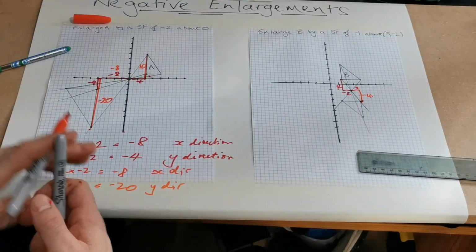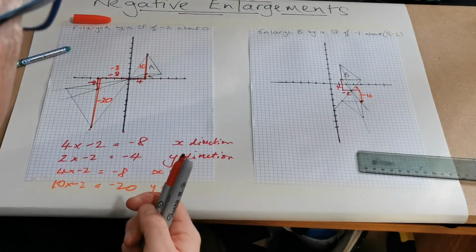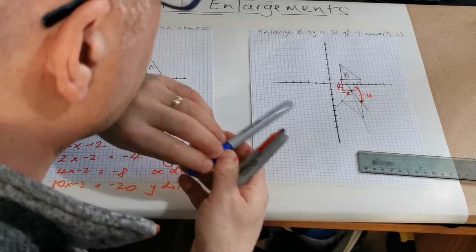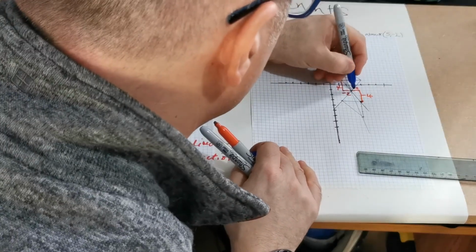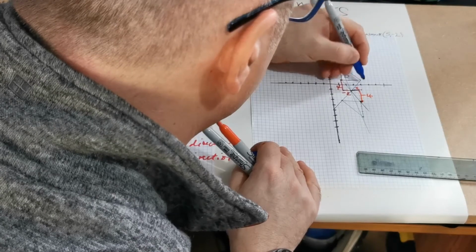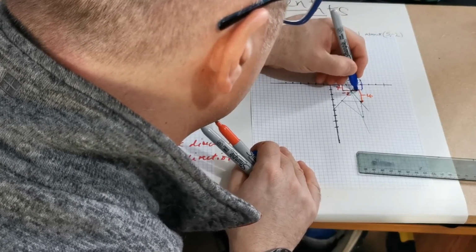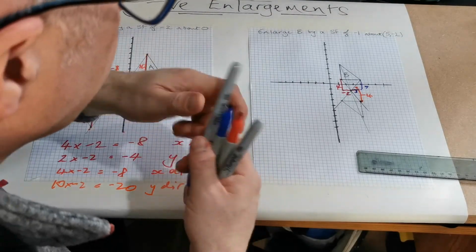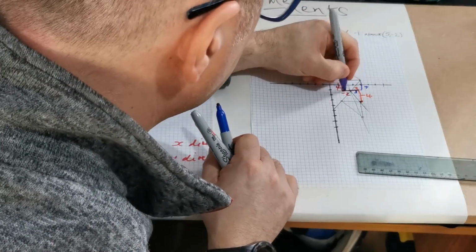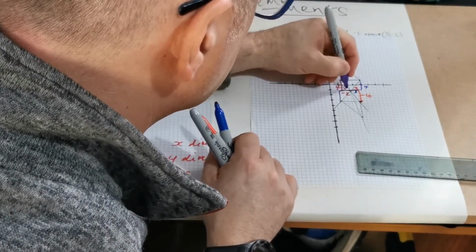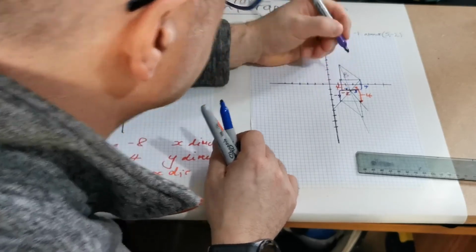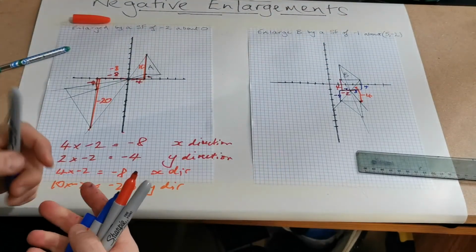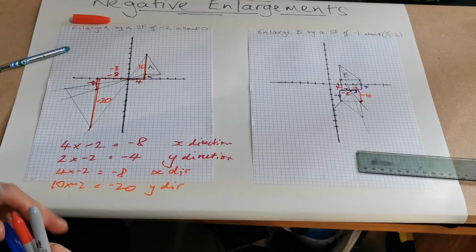And I would do that for every single one of the points that I've got to do. So this one goes 3 and then 4. So to find my image, I would have to do -3 and -4. I'm not going to do them all because that would be too messy.